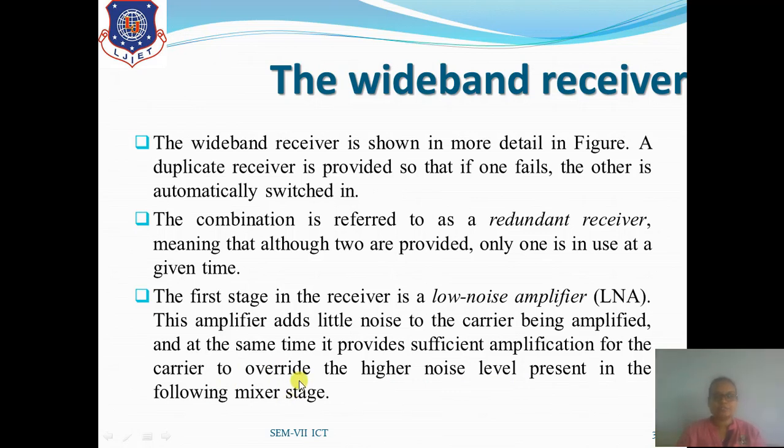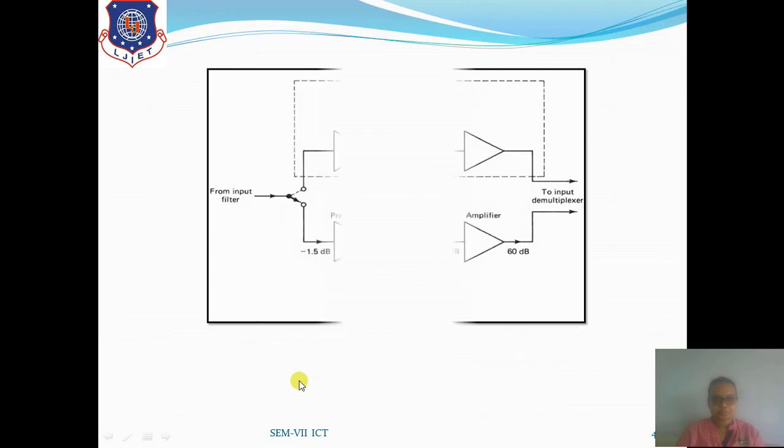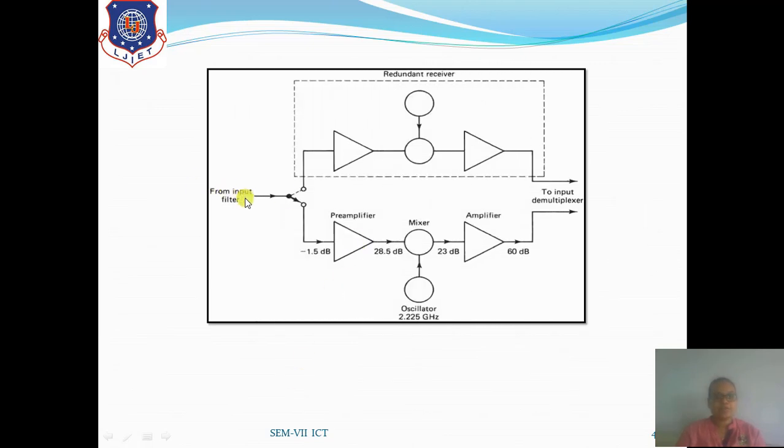In the figure, the first part after the input filter is the preamplifier, which is nothing but the LNA. LNA stands for low noise amplifier. While the signal passes through this amplifier, it is amplified up to a certain level with the carrier, so that the effect of noise is reduced.